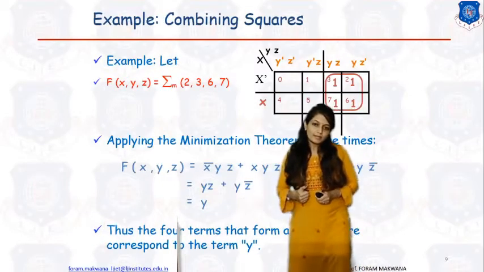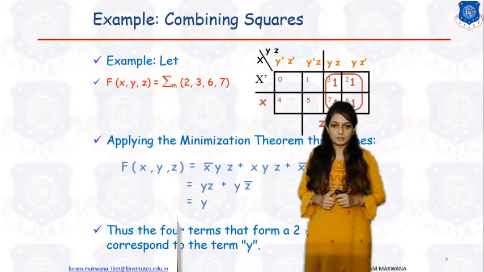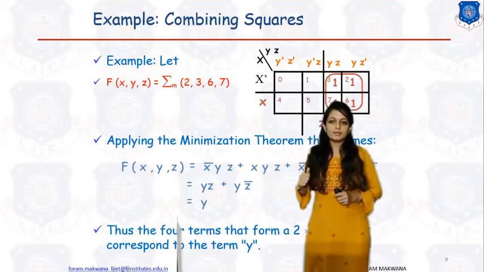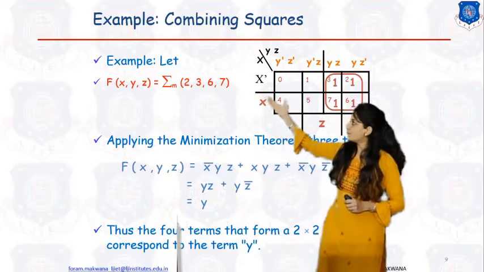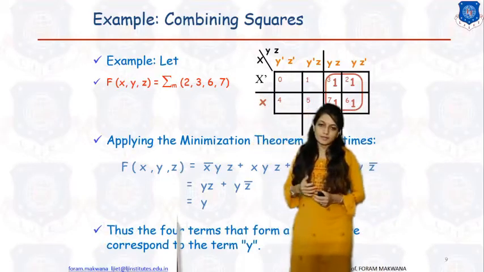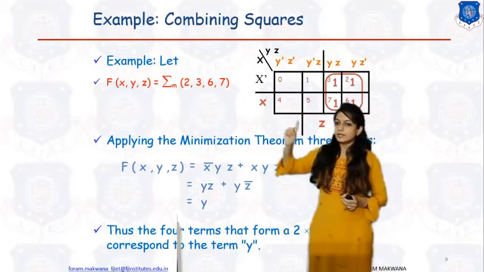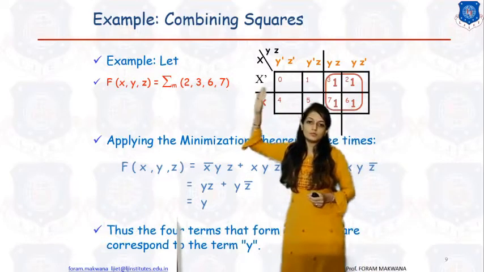So how to combine squares in 3 variable K map? Let's take one example. The example is given as function x, y, z is equal to summation small m 2, 3, 6 and 7. So what you need to do is place a 1 at these 4 positions.